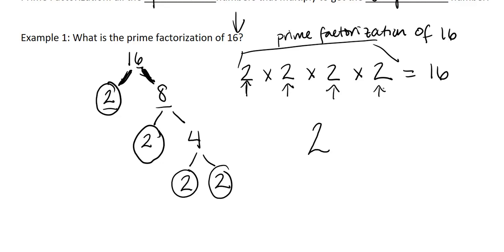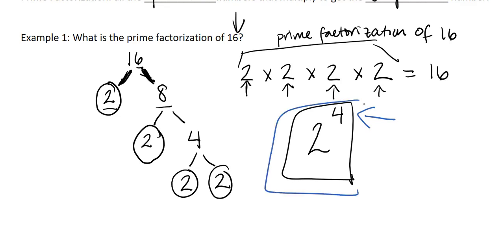Rather than writing 4 2's being multiplied together, we can just put 2 to the 4th power. This is called an exponent. It tells us how many copies we have of the number 2, which in this case is 4. So what is the prime factorization of 16?